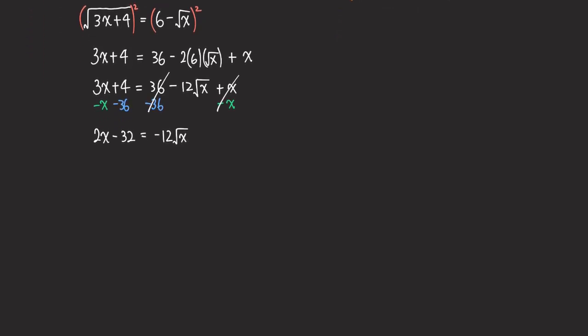Okay. Now you may say, should we divide both sides by negative 12? You can do that so that you can isolate the square root of x, right? But then in that case, you have to deal with fractions. It just happens that you actually don't have to get rid of the negative 12 because the operation between the negative 12 and the square root is multiplication.